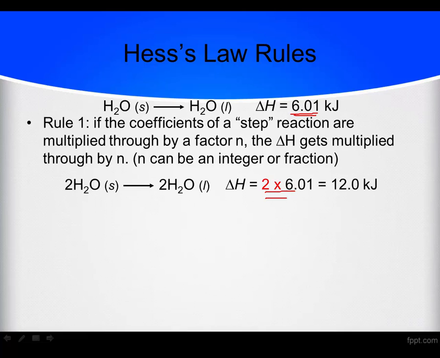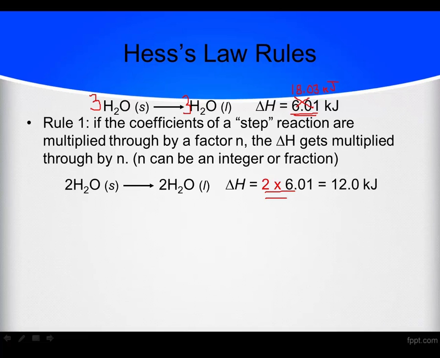Had I changed it to 3 H2Os, I'd have to change the other one to 3 H2Os, right? What would I have to change delta H to? 3 times 6 is 18. 18.03 kilojoules. Does that make sense to you guys?